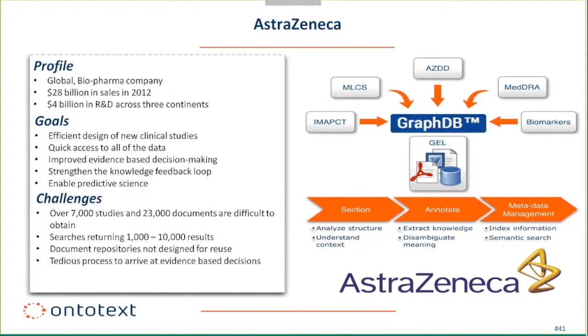So what our solution does is it takes the clinical studies, it analyzes their structure, and it extracts the knowledge. It disambiguates the meaning, and finally indexes the documents and provides the users with efficient search capabilities.